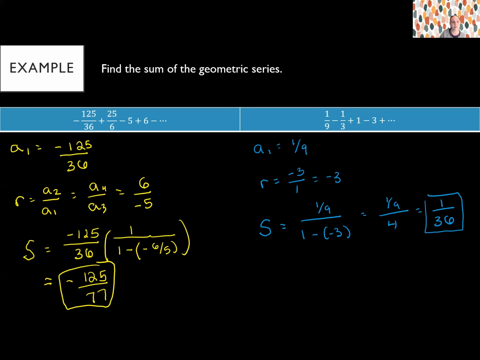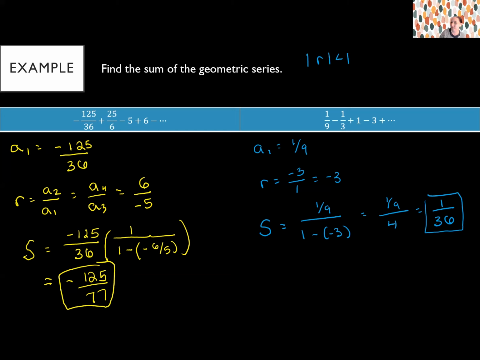What did we have in these two situations? Both of these values for R are greater than 1 when you take the absolute value. So we have this rule that the absolute value of R is less than 1. These both actually don't follow that rule.